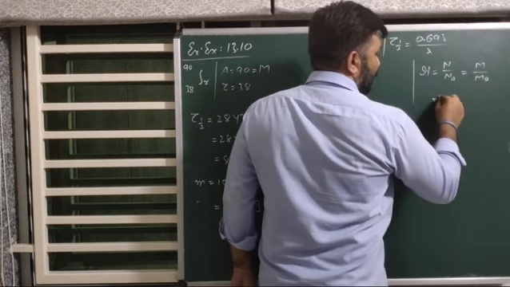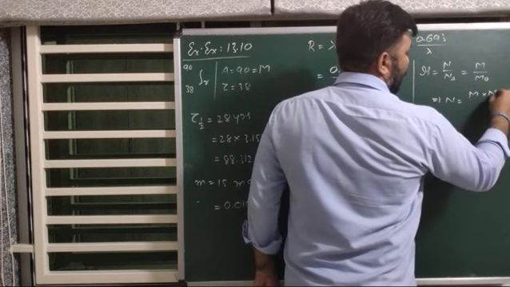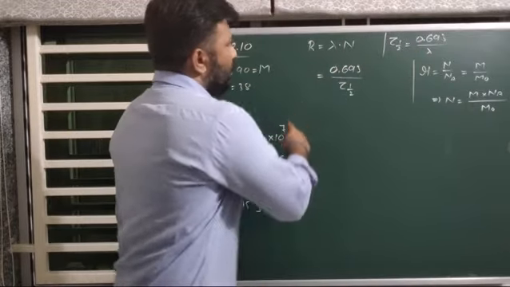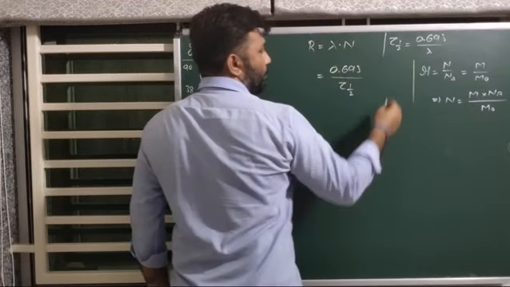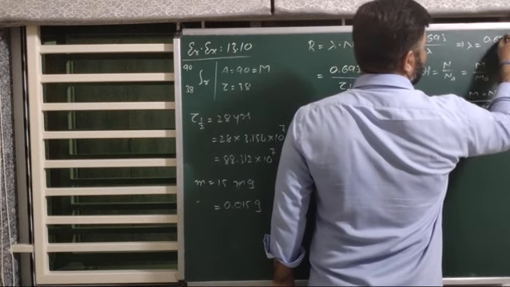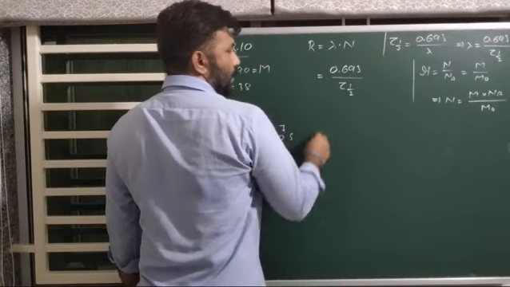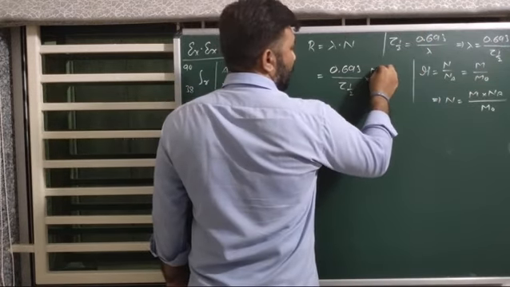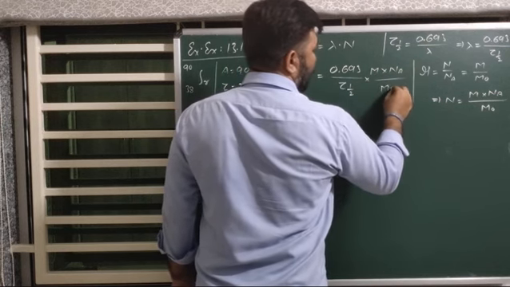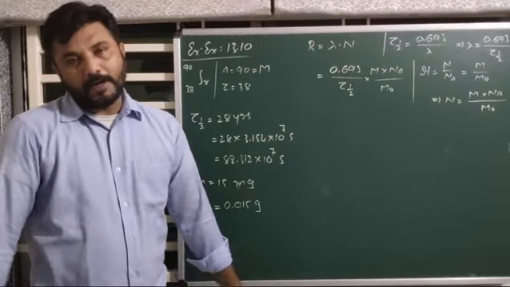So from that you will have N is equal to m multiplied by Na divided by Mo. So lambda is equal to 0.693 divided by tau half, multiplied by m multiplied by Na divided by Mo. Got it? All the values are there.